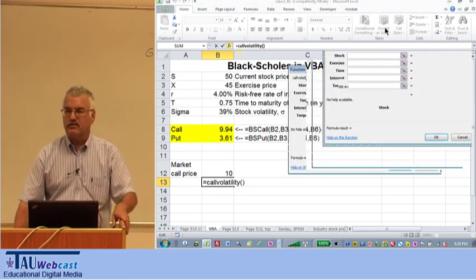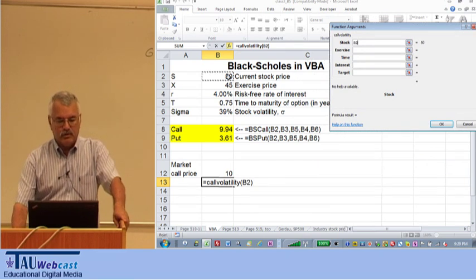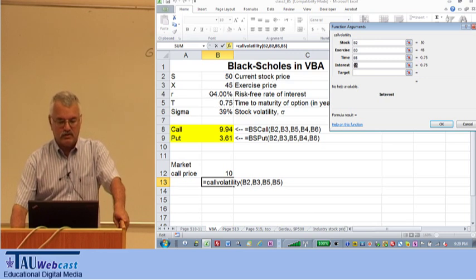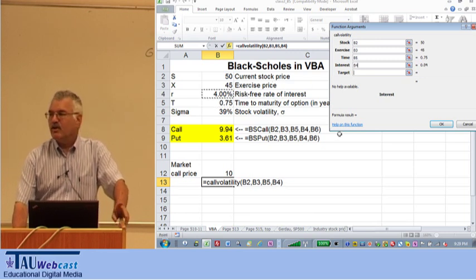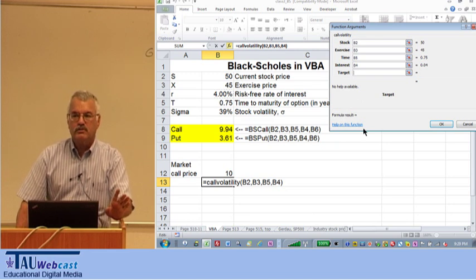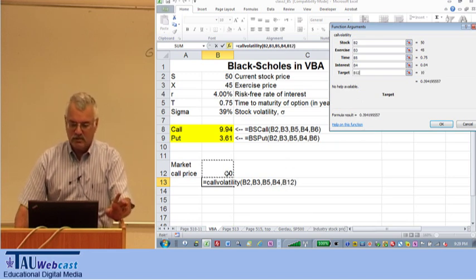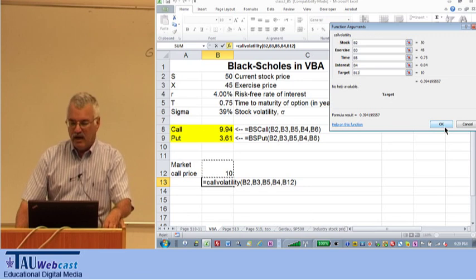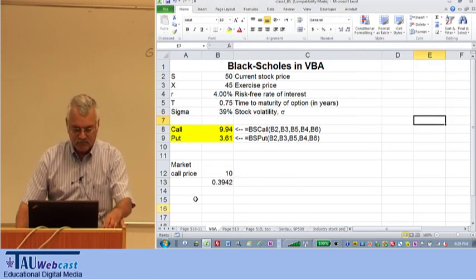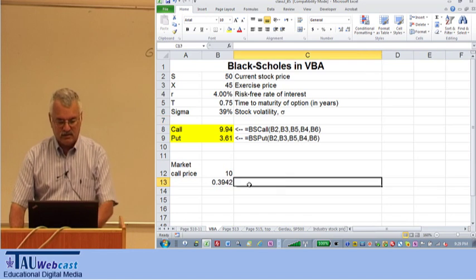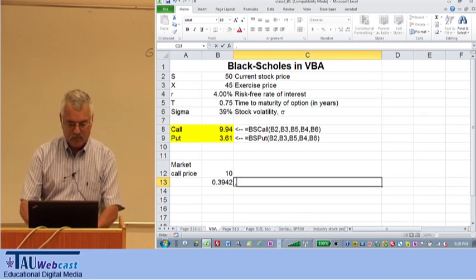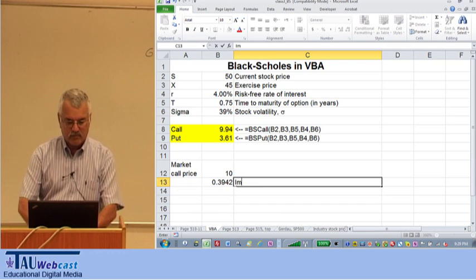It's called call volatility, and it says put in the stock price, put in the exercise price, put in the time to maturity, put in the interest rate, and put in the target call price, meaning the market price, 10. And that's the implied volatility.